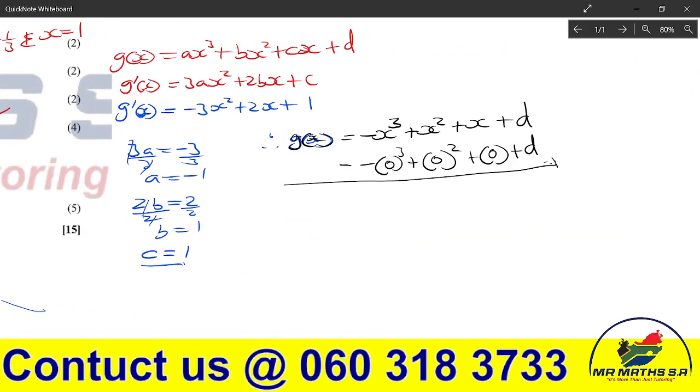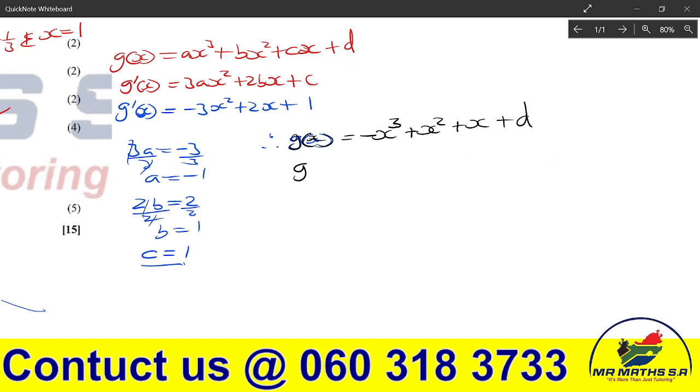Now, which means what? Our g of x is like this, but how can we get g of x plus 1? The equation for g of x plus 1 will be the normal equation, negative x cubed plus x squared plus x plus d, plus 1. Then what do we know about that?